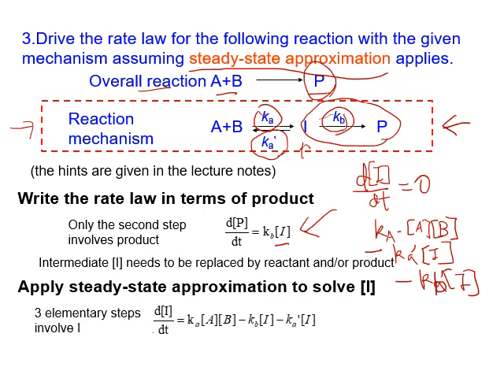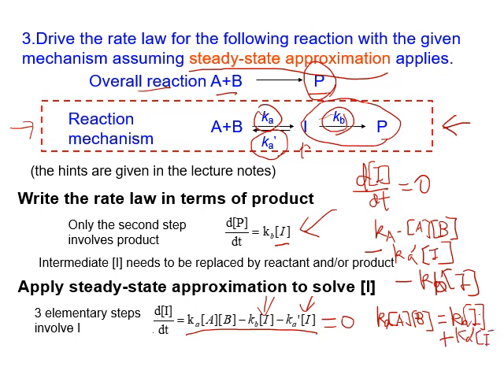All right, so that's the rate law for the intermediate, and then let this to be 0, and we solve the concentration of I. All right, so this equation is equivalent if we write as Ka[A][B] equals Kb I plus Ka prime I. All right, because we move this to the right side, so both become positive.